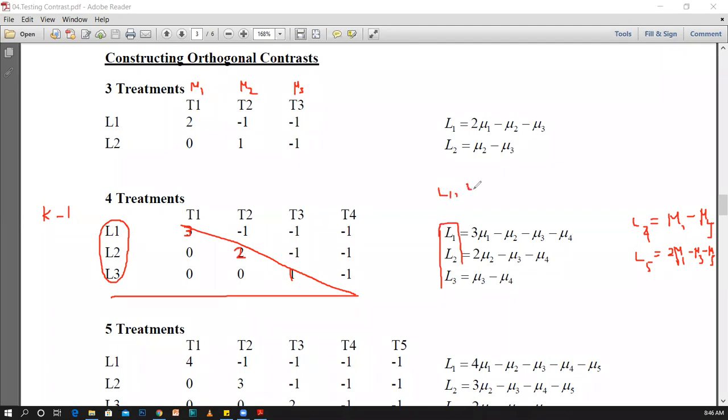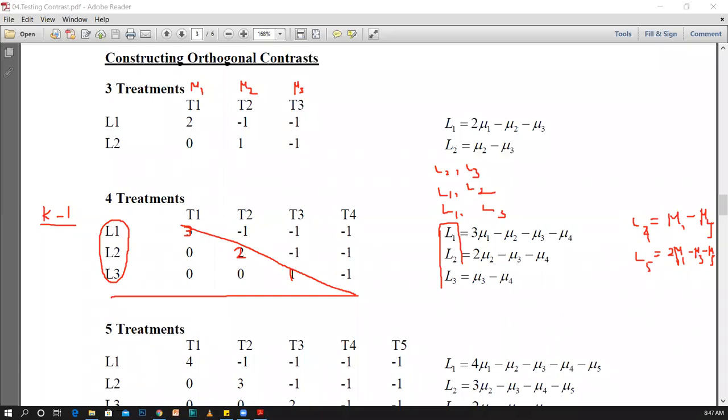L1 with L2 are orthogonal, L1 with L3 again orthogonal, and L2 with L3 also orthogonal. We can define many contrasts for a given set of populations, but there should be only k minus 1 independent orthogonal contrasts.